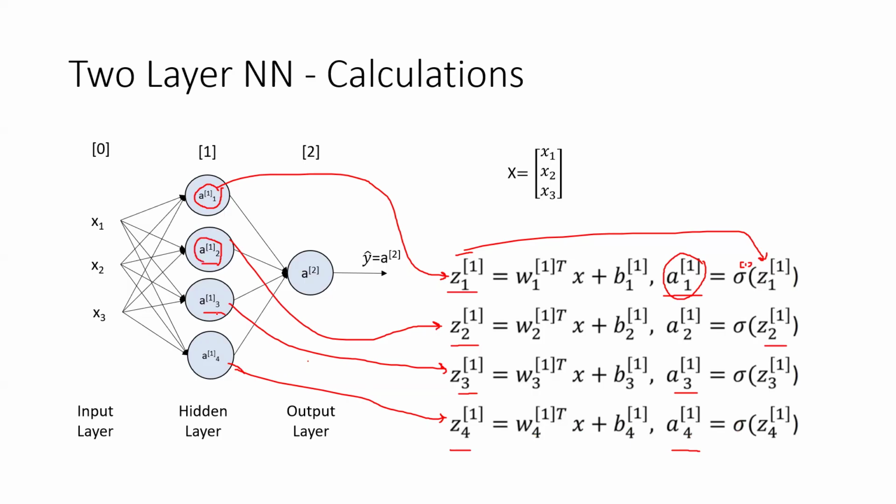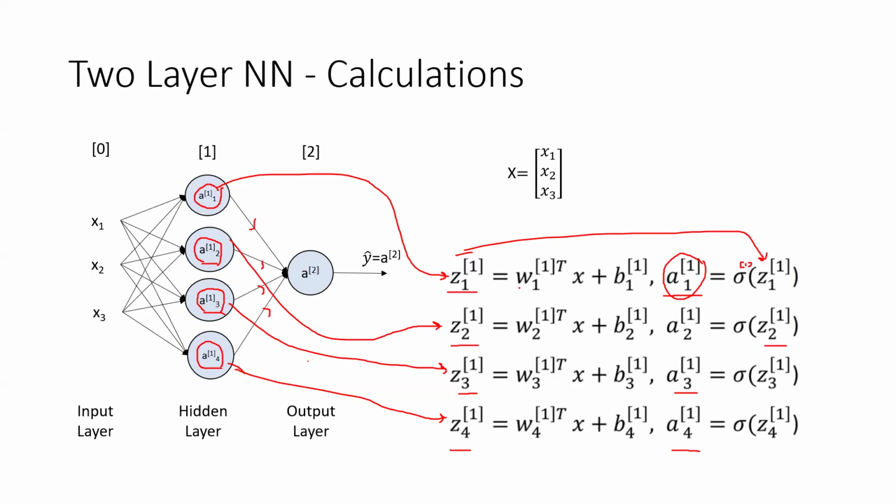The values that I have just circled. So these are the outputs of each of these neurons, and then we take these outputs to the second layer, right? And then we apply the same set of equations which are applicable for the second layer, right?